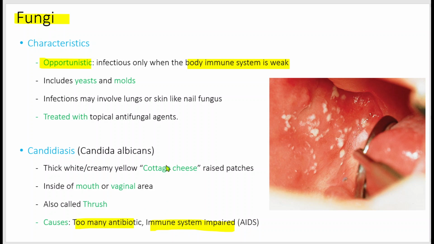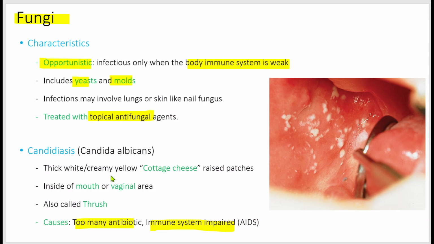With a regular human being, you might have it, but it will not cause the infection. Fungi include yeast and molds. They can have different types of infections, and it's treated by topical antifungal agents.